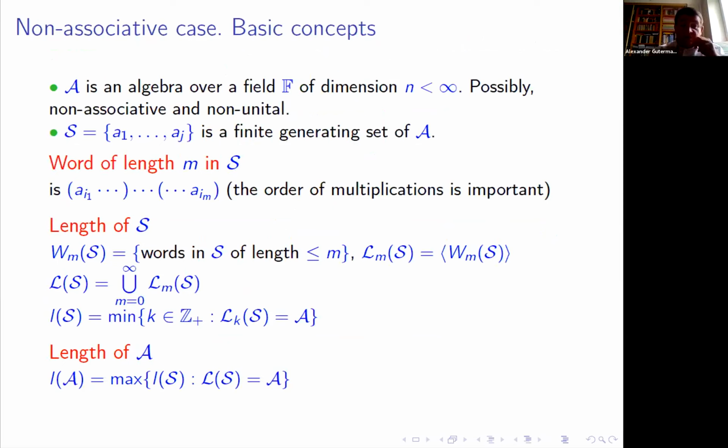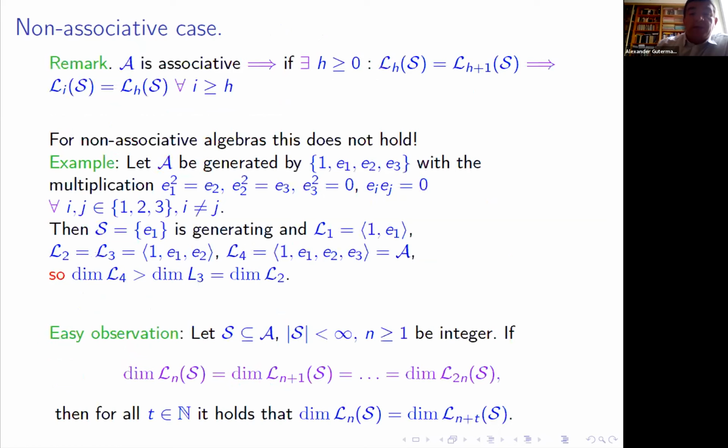what happens in a non-associative context? Here, of course, the order of multiplication is important, but we still could proceed defining the length of a generating set, and then we could consider the following question.